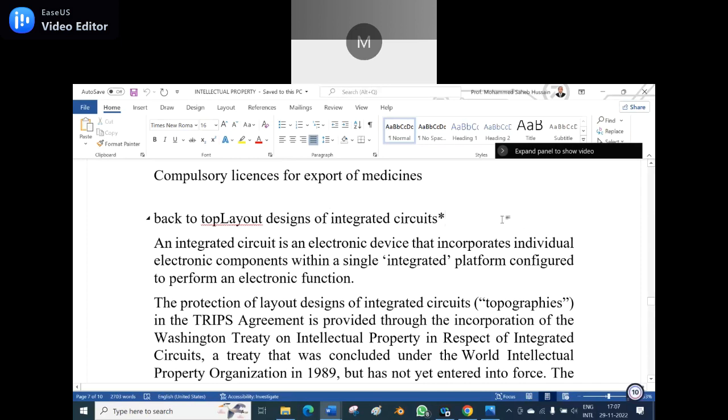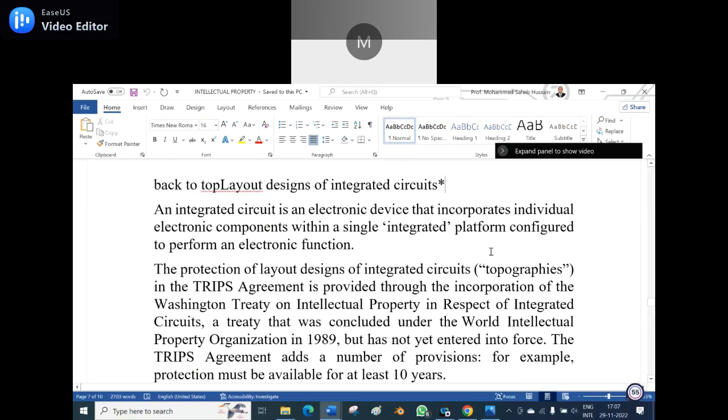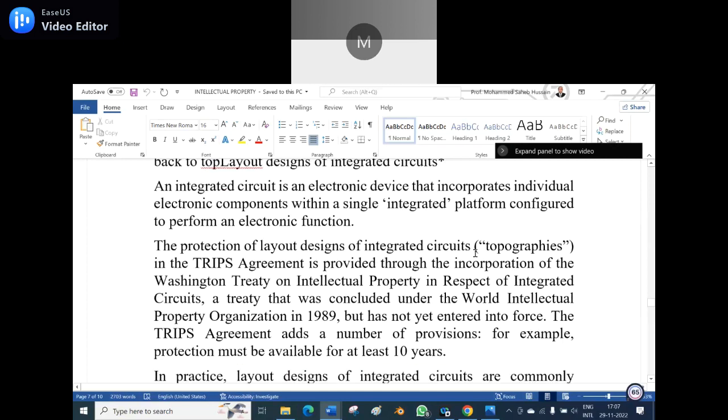In this class we are going to deal with the design of integrated circuits. An integrated circuit is an electronic device that incorporates individual electronic components within a single integrated platform configured to perform an electronic function. It is a circuit in chip form, all designed there, and it performs an electronic function.